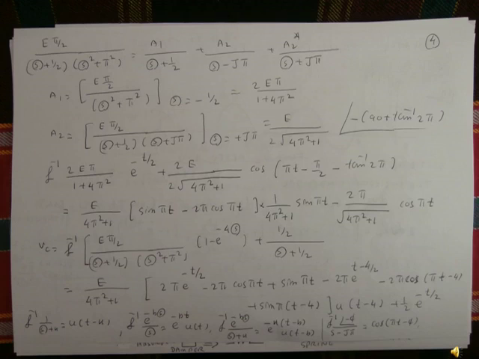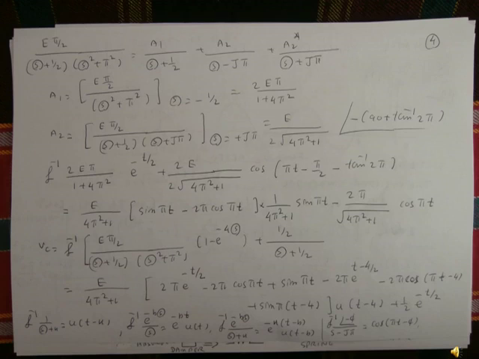Laplace inverse of angle plus or minus φ divided by (s - jπ) e^(-bs) equals cos(π(t - b) plus or minus φ). Laplace inverse of angle minus φ divided by (s + jπ) equals sin(πt - φ), and with e^(-bs) equals sin(π(t - b) - φ).